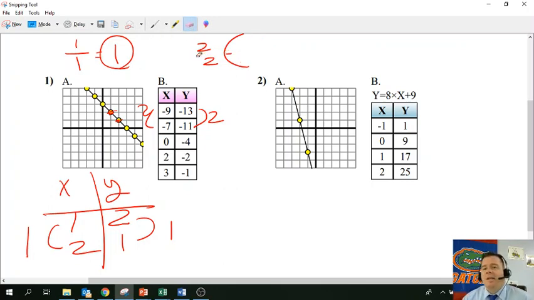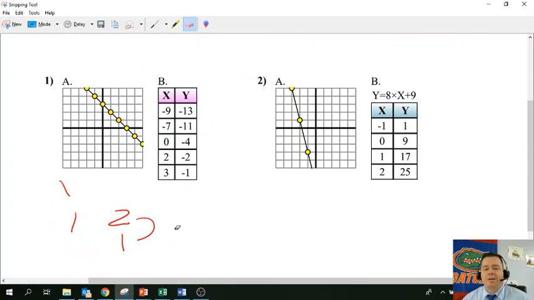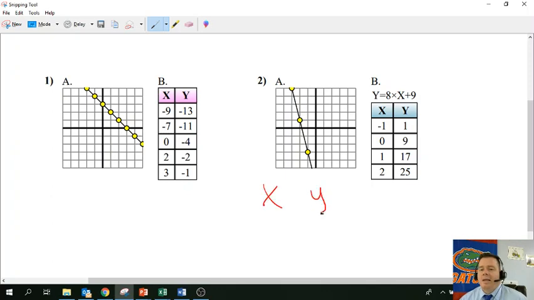Now let's look at number 2. Let me get rid of that to make it simpler so we don't get confused. We'll come over here and look at A. We are going to need X and Y, so we keep that straight, and we just need two fixed points. So I'll take this one first.